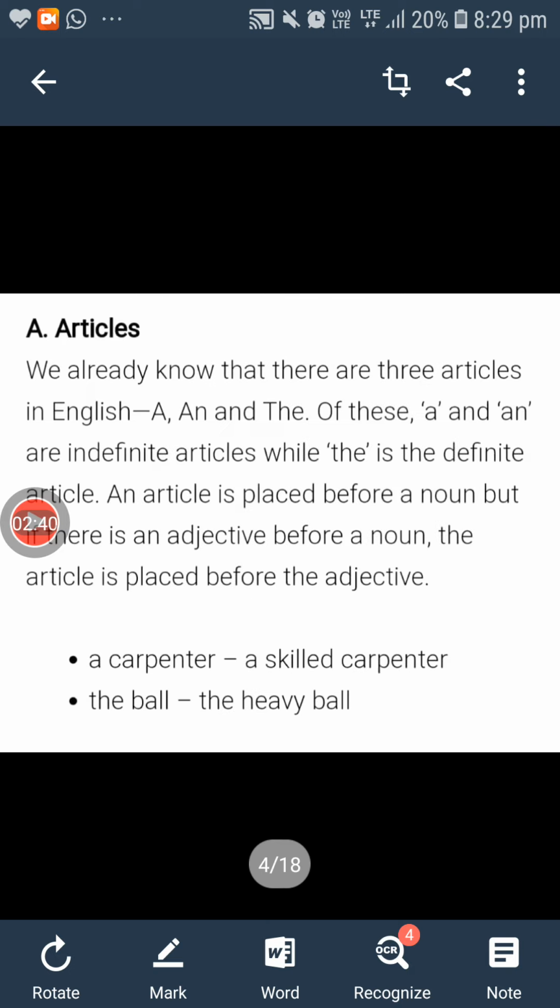In places where the following word starts with a consonant sound, the determiner a is used. Determiner a is used when there is a consonant sound. Also, a is used where the following word is a singular countable noun.